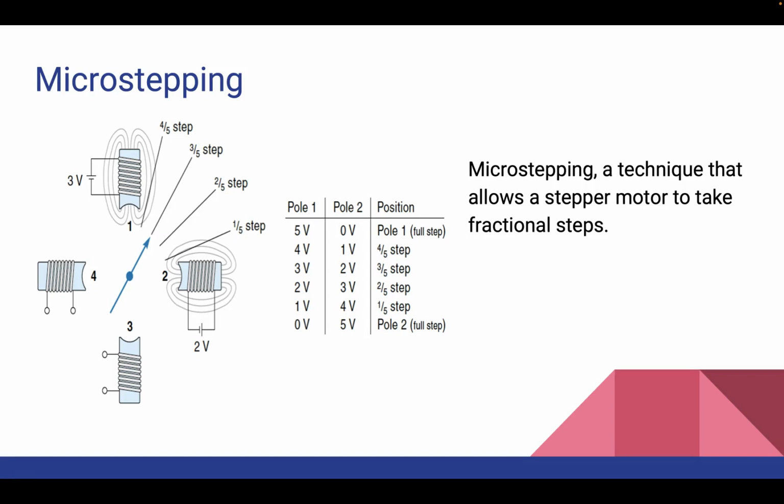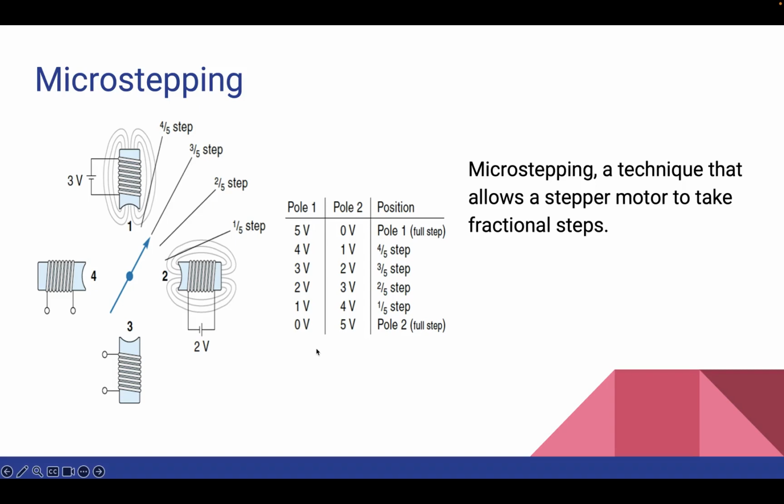And the most commonly used microstep increments include 1/5, 1/10, 1/16, 1/125, and 1/250 of a full step. And this offers a wide range of resolutions to suit various applications.